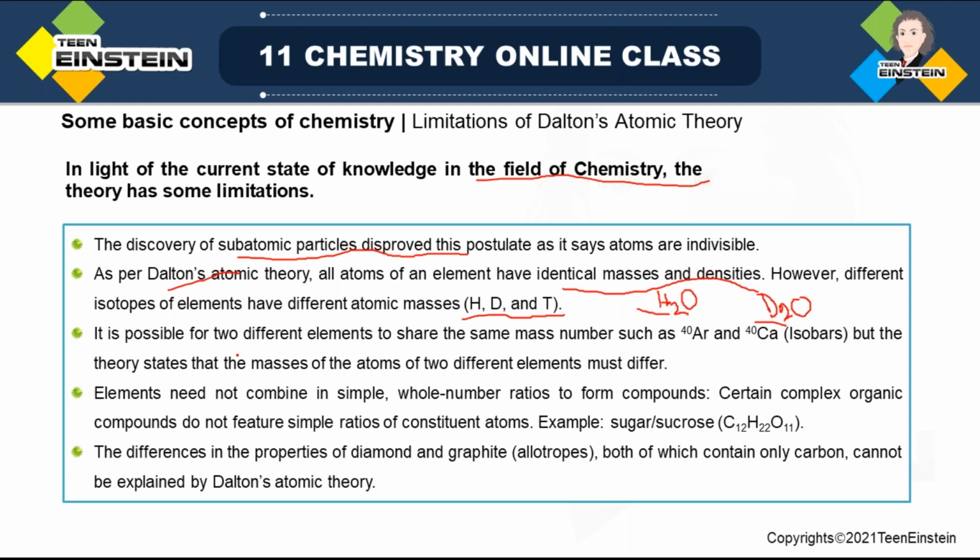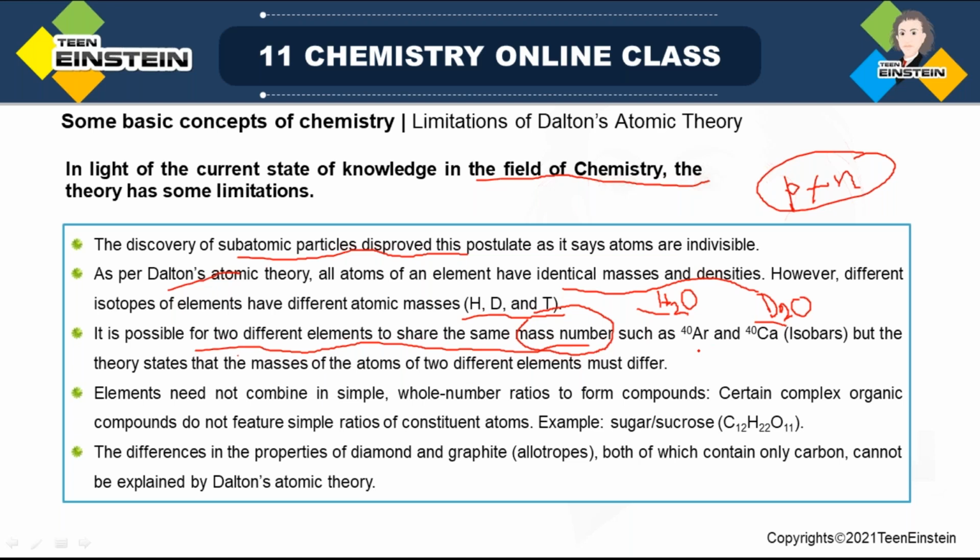The third point, it is possible for two different elements to share the same mass number. Now what is the meaning of mass number? It is basically the summation of protons and neutrons. So the mass number is the proton number plus the total neutron number.